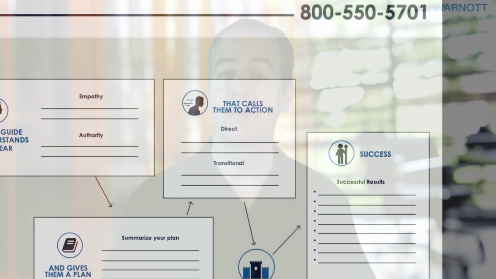Those are very direct. Transitional calls to action put an intermediate step. In many services businesses, especially those with long sales cycles, you're likely going to have a transitional call to action. That's going to be to opt into something they can download, or schedule a consultation, which would lead to some form of deliverable, which would lead to some form of proposal, which would then lead to them potentially becoming a client or a customer of yours.